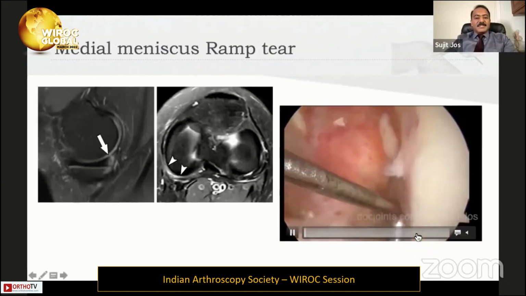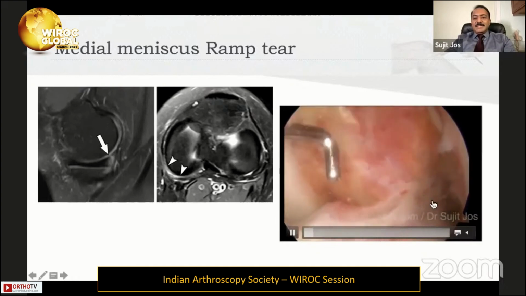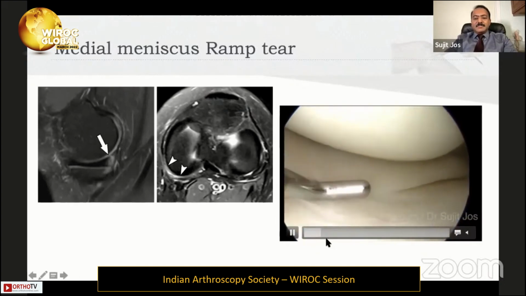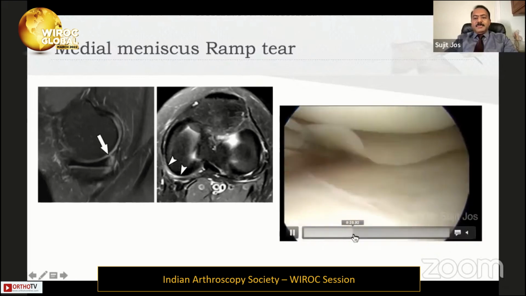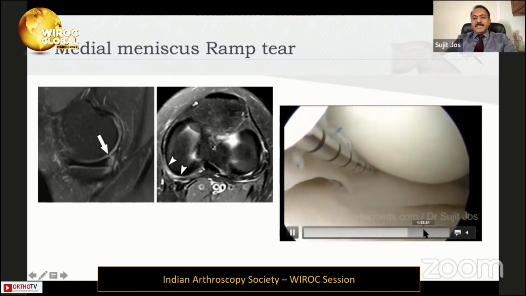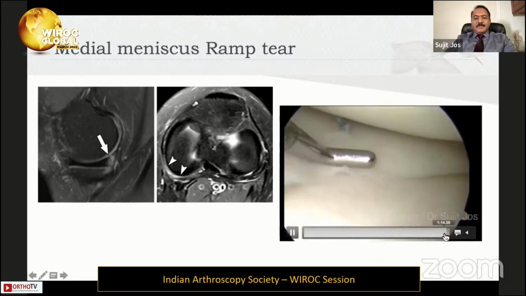That is a medial meniscus ramp lesion. The ACL is deficient here. It's the left knee, and the medial meniscus, posterior body root junction. You can see the blood coming out, and that's a ramp lesion here, which was seen on the MRI, and that was repaired by an all-inside meniscus repair.